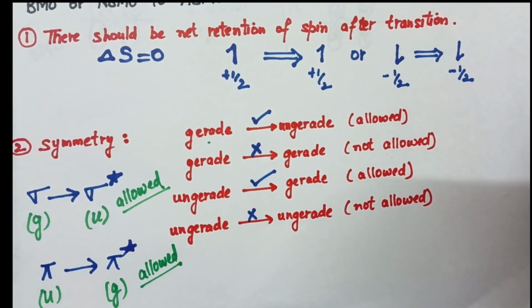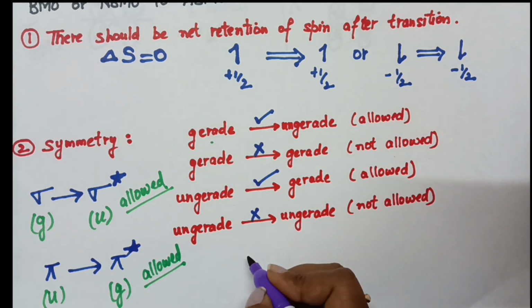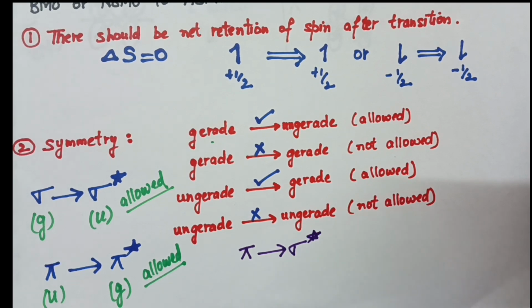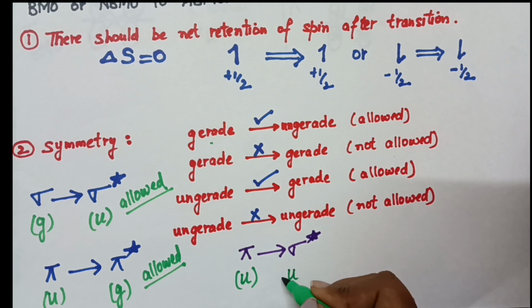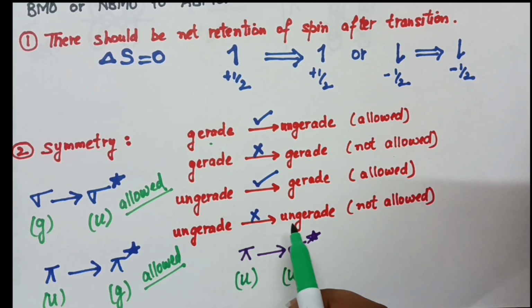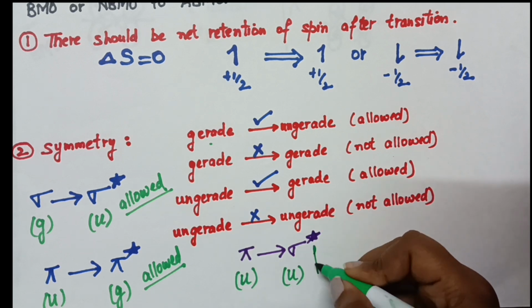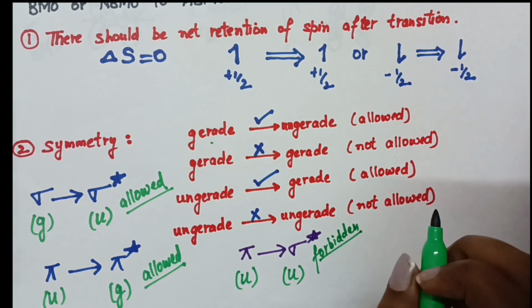Okay, now if I talk about other case, suppose I have transition from pi to sigma star. In this case pi is ungerade, sigma star, this is also ungerade. From ungerade to ungerade transition is not allowed. So this is symmetrically forbidden.